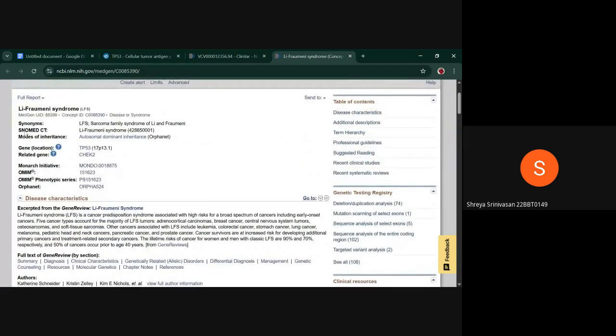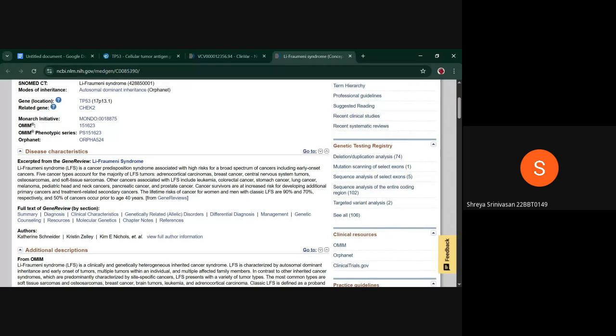Here you have entire data about what this Li-Fraumeni syndrome is and what its symptoms are, etc. So to just know what this is, LFS is actually a cancer predisposition syndrome.